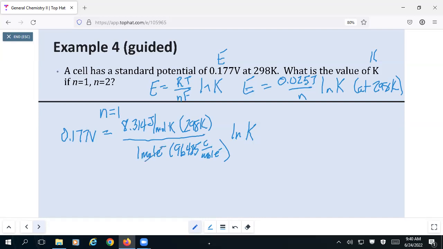My moles of electrons cancel out, my Kelvins cancel out. Joules per coulomb is volts. So by the time I divide this into the other term, the volts will cancel out the joules per coulomb. I'm going to be left with nothing, which is perfectly fine because equilibrium constants have no unit to them.